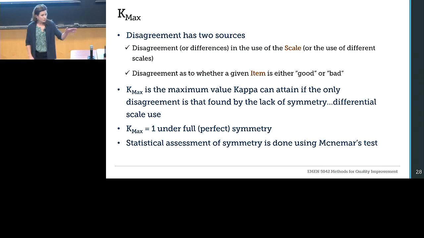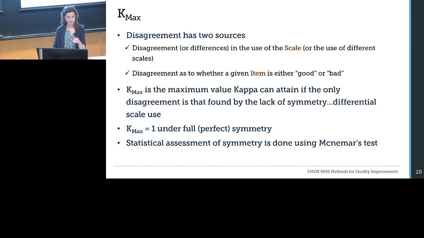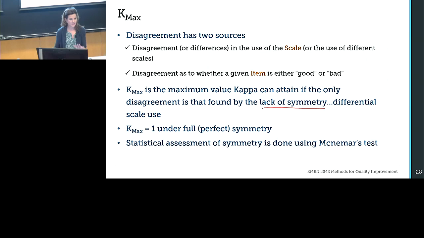So what we do here, because we have 2 potential sources for disagreement, is we figure out kappa max, what the maximum could be. It's the maximum value you can attain if the only disagreement is that found by the lack of symmetry. This is only related to lack of symmetry, which shows up in the marginals, related to what ended up being assessed differently.